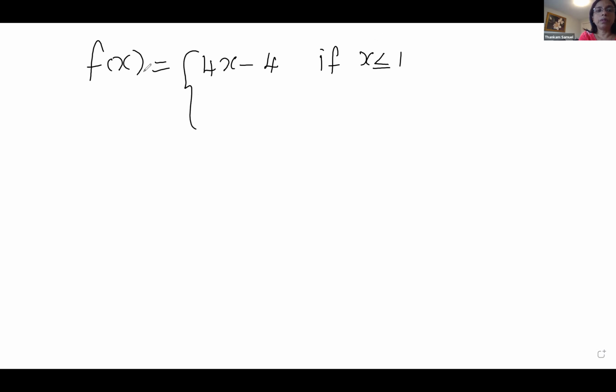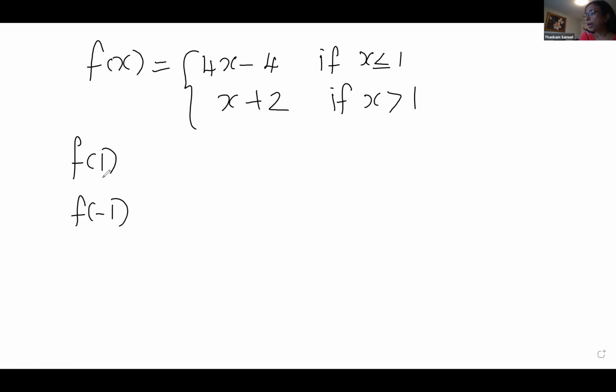And also this function equals x plus 2 if x is greater than 1. So the question is find f of 1, f of negative 1, and also f of 2.